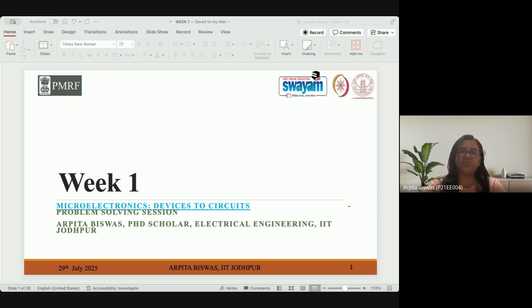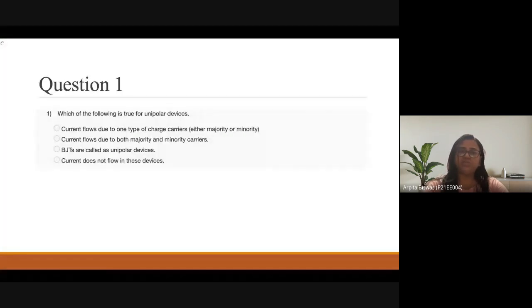This is question number one. Which of the following is true for the unipolar devices? Option A: the current flows due to one type of charge carrier, either majority or minority. Option B: the current flows due to both majority and minority carriers. Option C: BJTs are called unipolar devices.